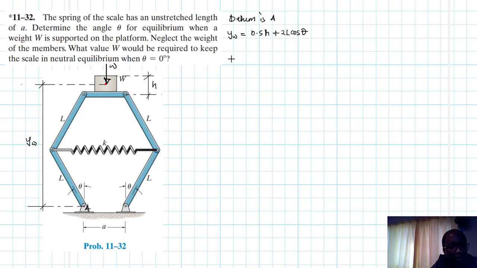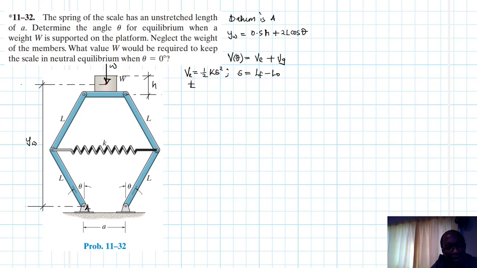Then let's invoke our equation, and then we have our function, which is a function of theta. This is the potential energy function, V, is equal to Ve, elastic, plus Vg, gravitational, and our Ve is just equal to half k s squared, where our s is just equal to L final minus L original.